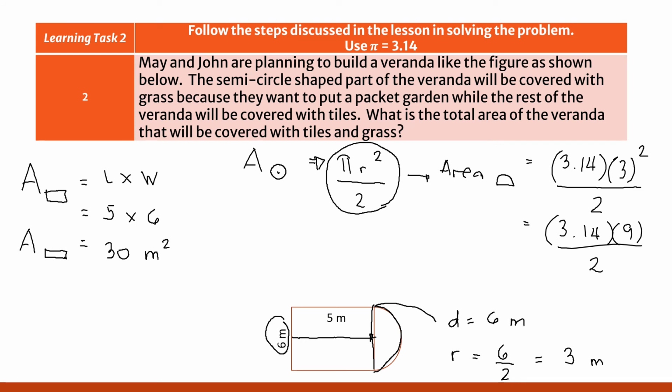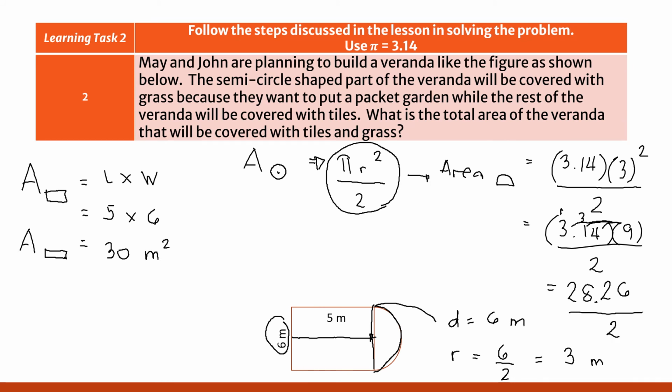Kaya naman, i-multiply natin yung 9 sa 3.14. So, we have 9 times 4, 36, carry 3. 9 times 1 is 9, plus 3, 12, carry 1. 9 times 3, 27 plus 1 is 28. So 28, then with 2 decimal places, meron tayong 28.26. Divided by 2.